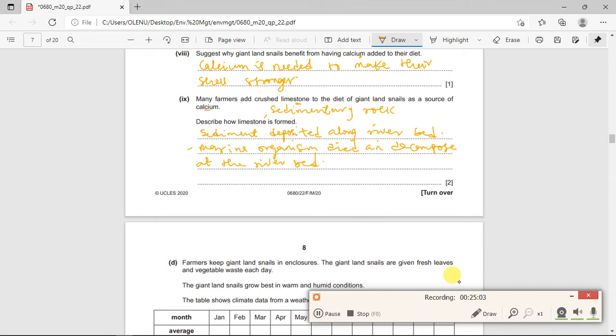So if that is it, then the major next thing you need to write is that it is usually deposited in layers.